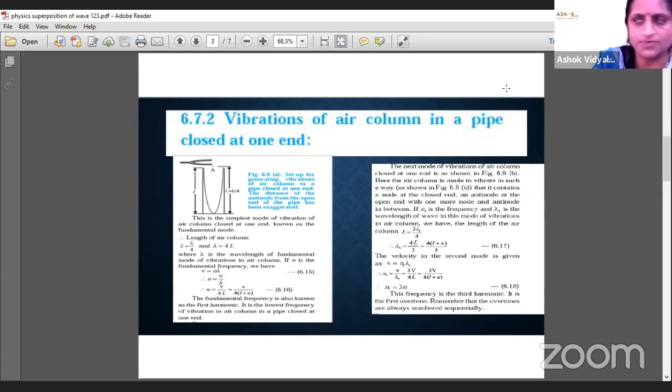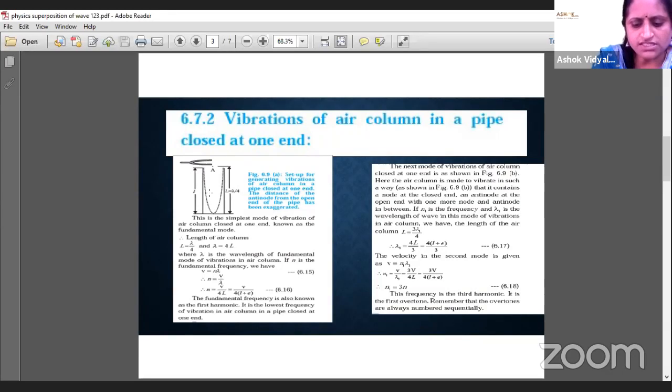Now see in this picture, first of all, here is the rigid boundary. Second point, the end is closed at the boundary and at the open end the tuning fork is held, which is the source of sound, where the length capital L is nothing but lambda by 4.